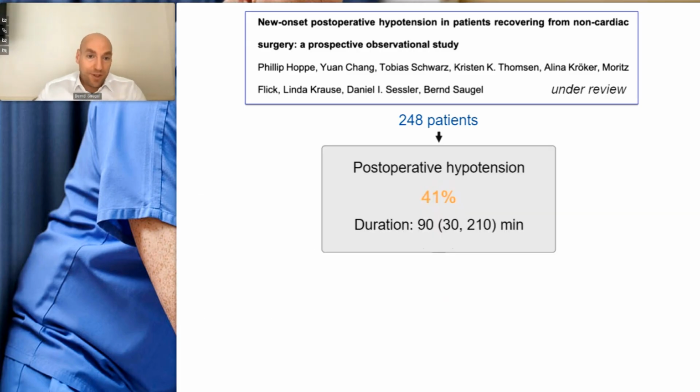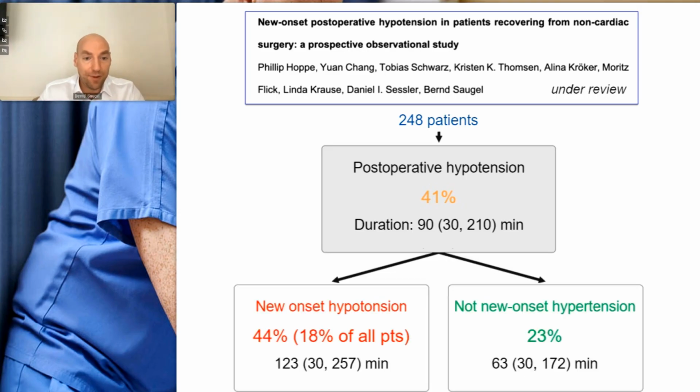So of those patients, 40% had postoperative hypotension for a median duration of 90 minutes. And in half of those patients, and 18% of all patients, this was clinically important new onset hypotension that the patient was not used to, so blood pressures that were substantially lower than the regular blood pressure of the patients.